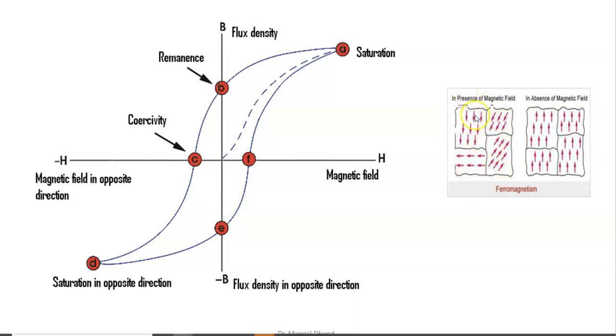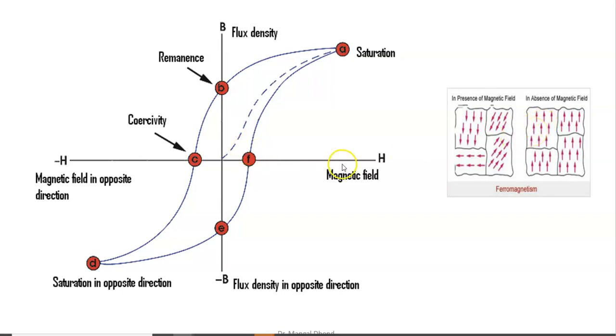Now when such a ferromagnetic material is placed in a magnetic field, suppose the applied magnetic field H is in this direction. Now what will happen? Which dipole moments are in the direction of the applied field? This one is exactly reverse, this is 90 degrees. These are slowly related to that. So first they will start changing. All dipole moments will start changing to become aligned in this direction.